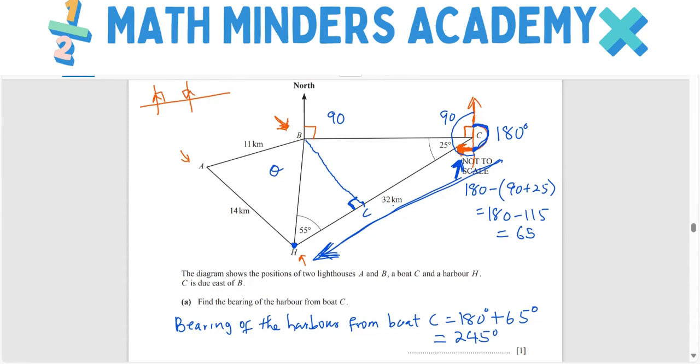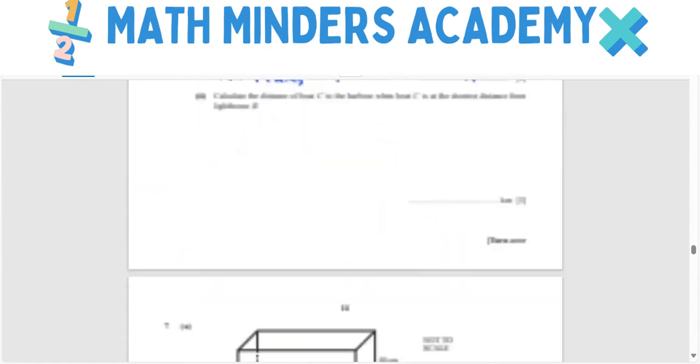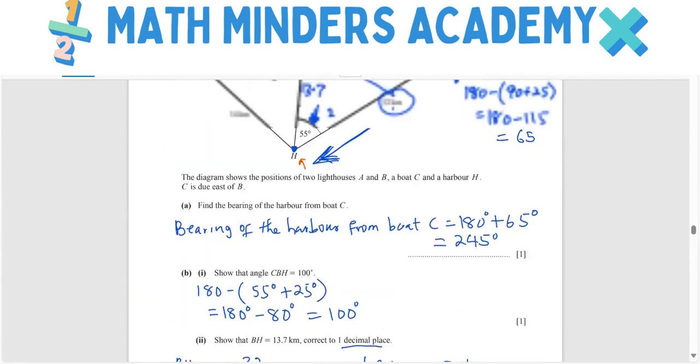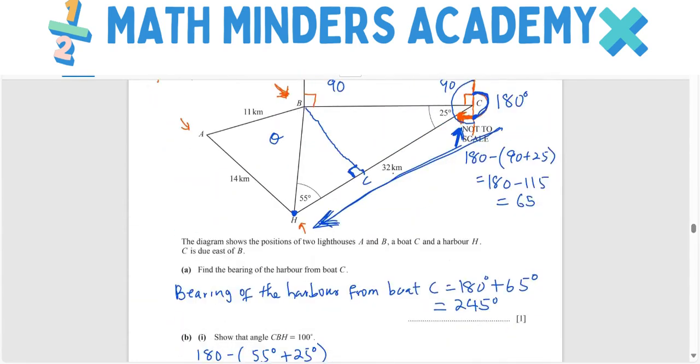Because if you look at that question again, it says, calculate the distance of boat C to the harbor when boat C is at the shortest distance from the lighthouse. So that's why we are picking it from here.